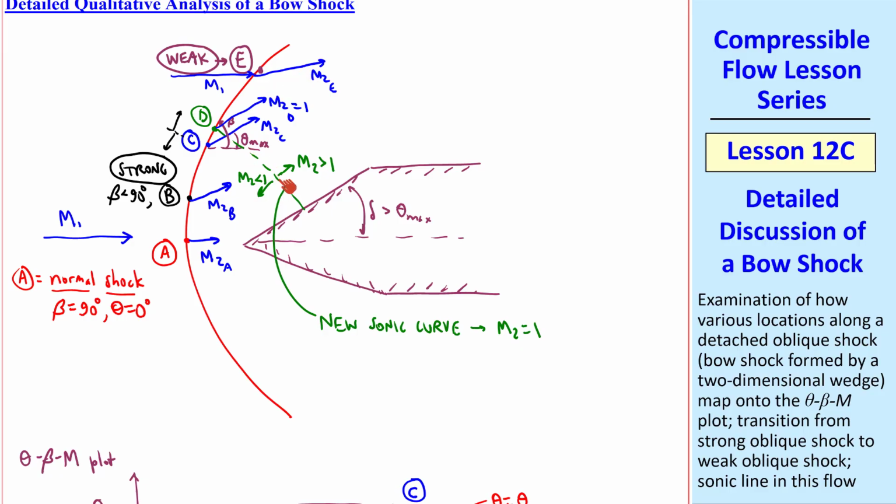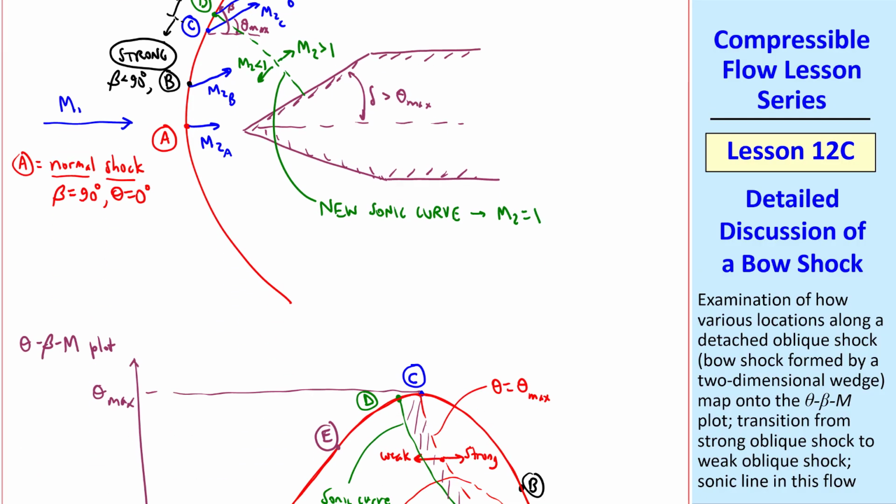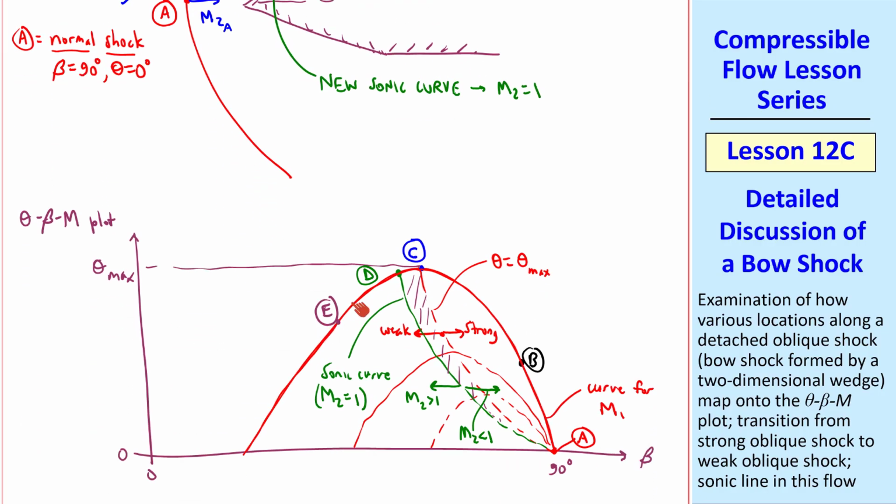And since it's above this green line, it's also supersonic. But angle theta continues to decrease, as we see on this plot, theta decreasing from its maximum value at C.